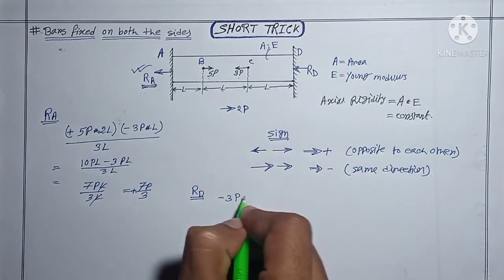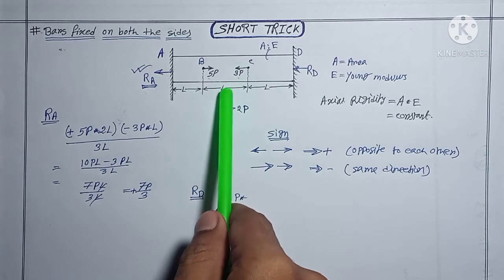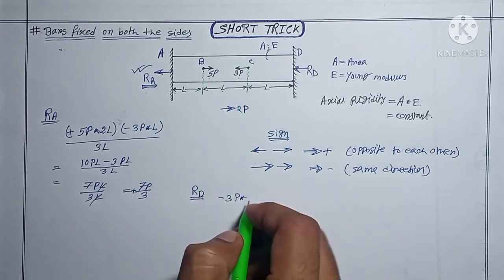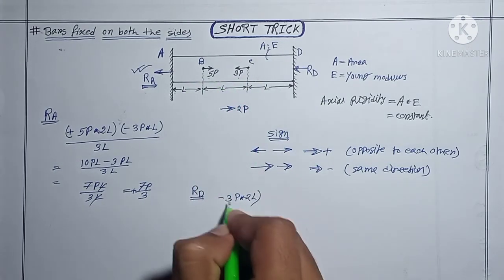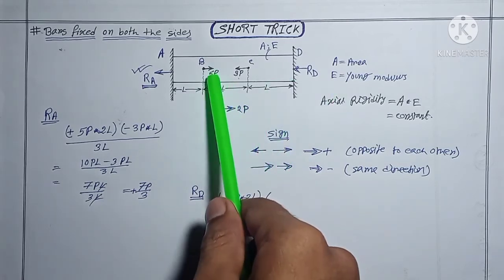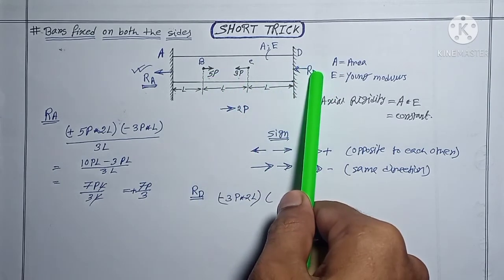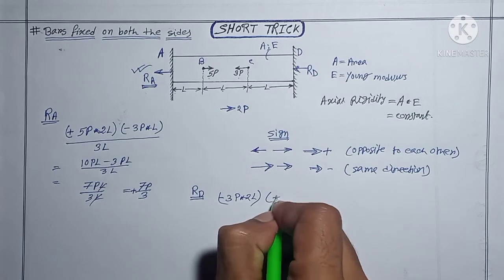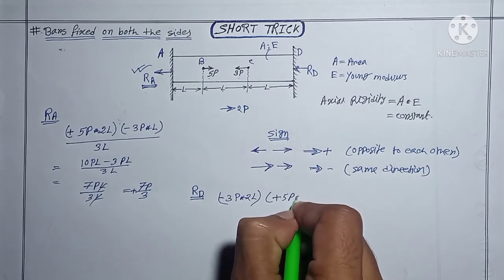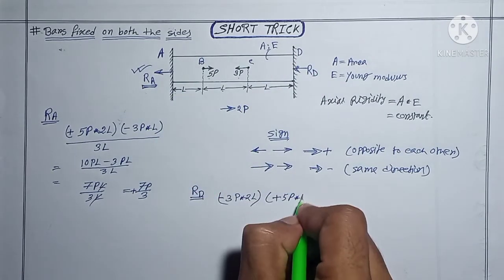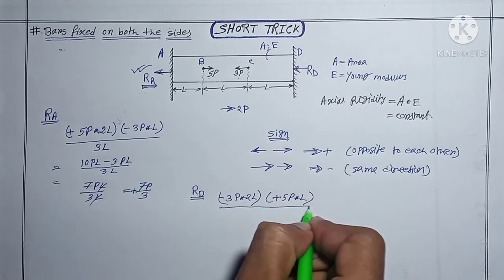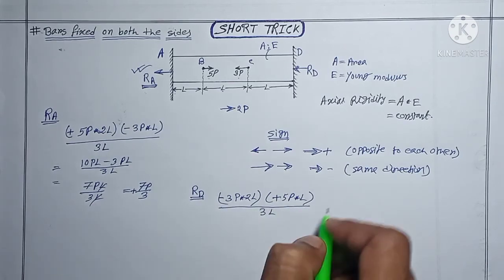So here negative sign, into the remaining distance, L plus L, so 2L, and 5P and RD are opposite to each other, so plus 5P into the remaining distance L, divided by the total length 3L.